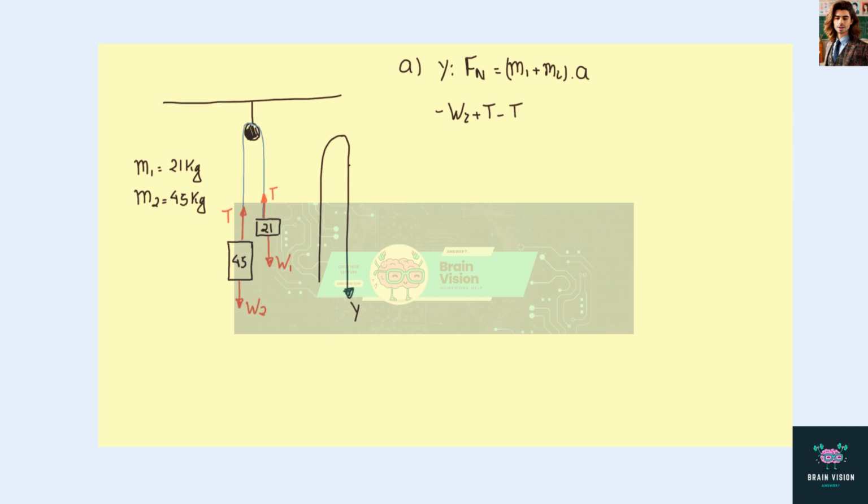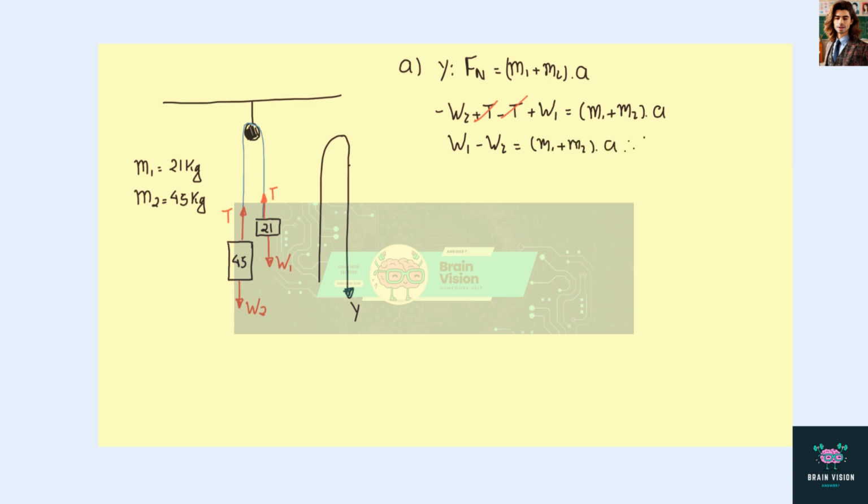And then we have the weight force W1, which points to the positive y direction. And this is equal to the whole mass times the acceleration of the system. Then the tensions cancel, and we get W1 minus W2 equals m1 plus m2 times A.